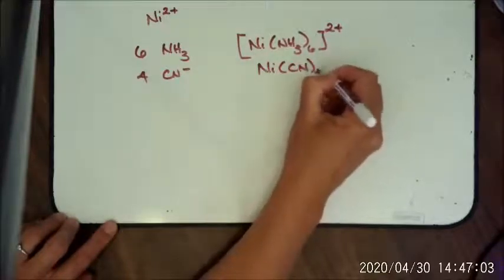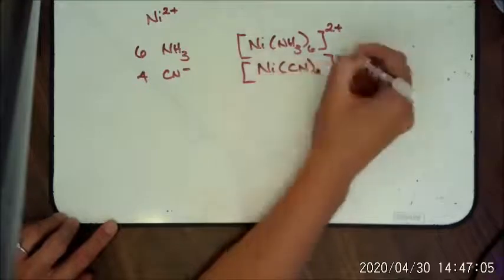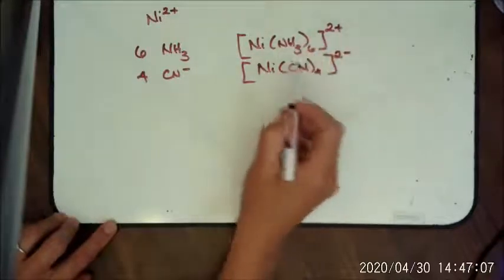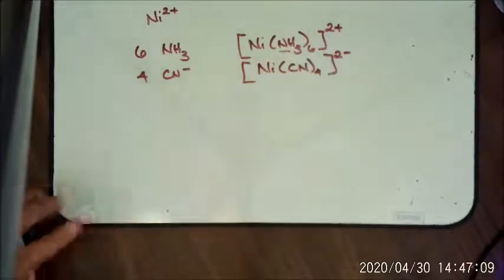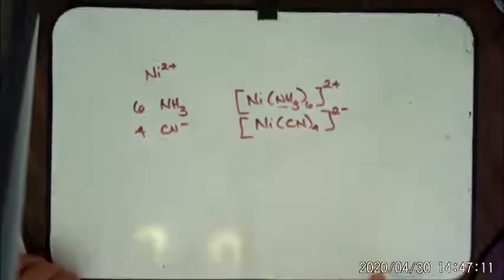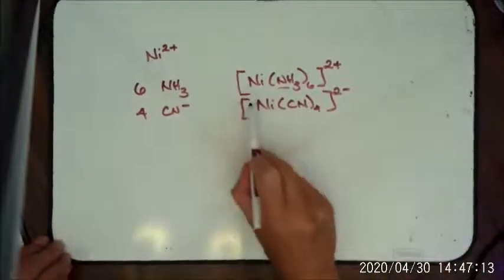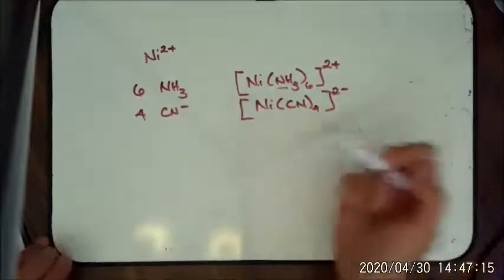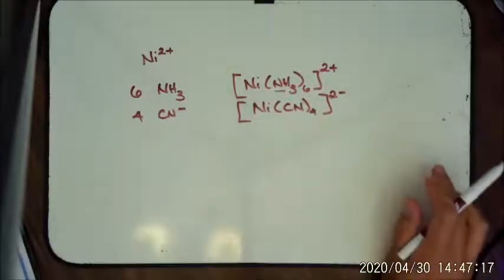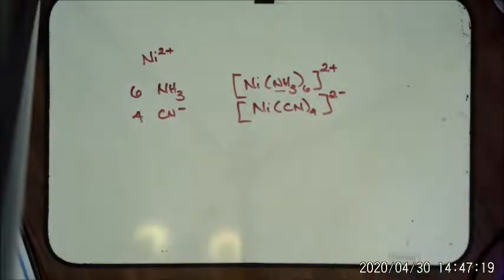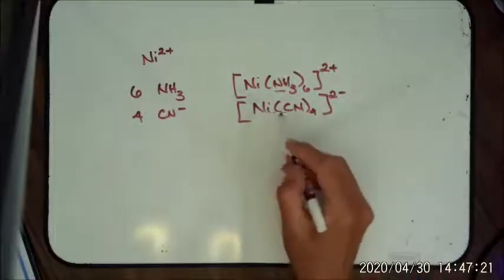So why the difference? Because ammonia is neutral. When I put ammonia onto nickel, I can continue to put more on because I don't lose that positive charge, so you still have some attraction.